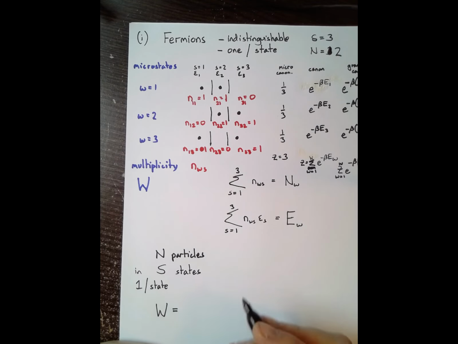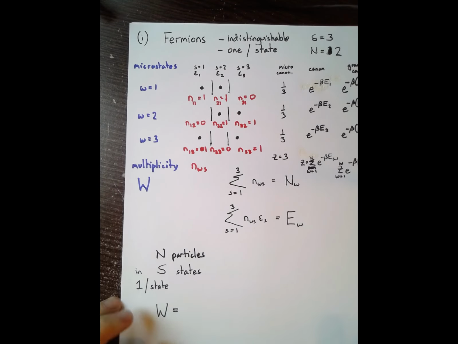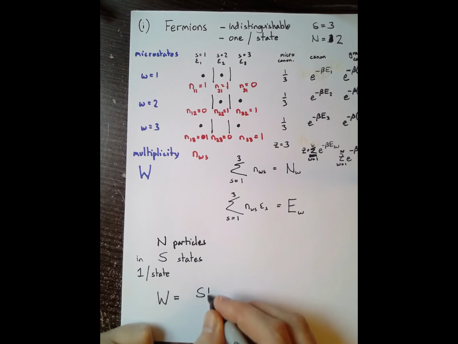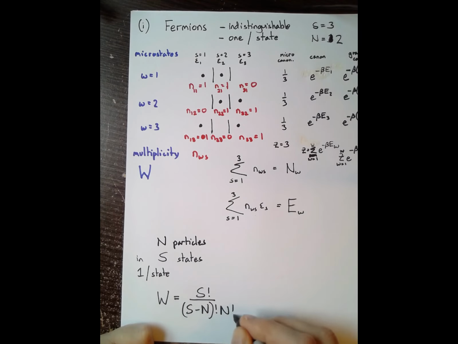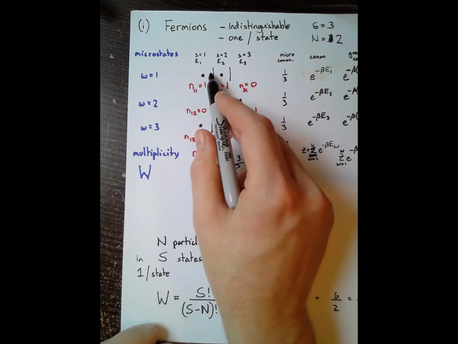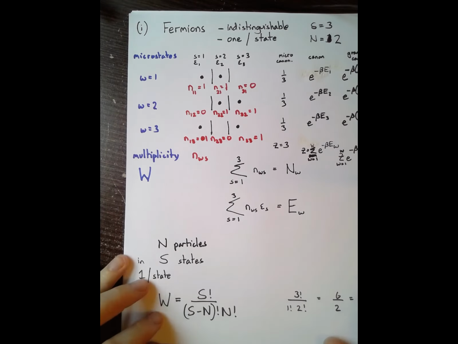So the multiplicity is simply S choose N, or S factorial divided by S minus N factorial times N factorial. So in our case, this is just 3 factorial divided by 3 minus 2, which is 1 factorial, times 2 factorial, which is 6 divided by 2, which is 3, and those are indeed the 3 states that we have.